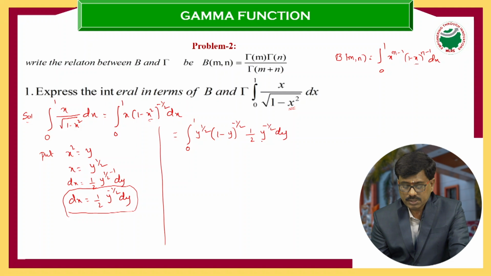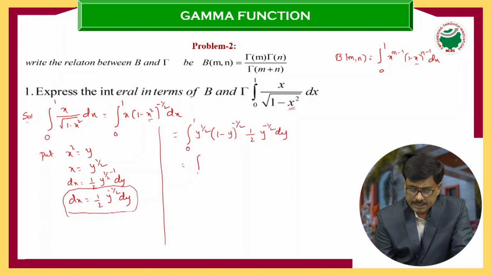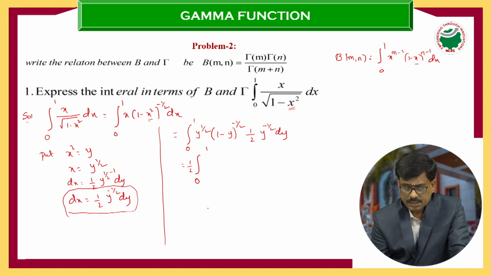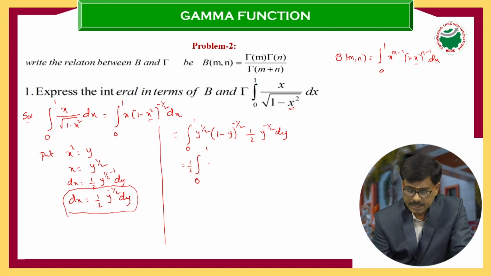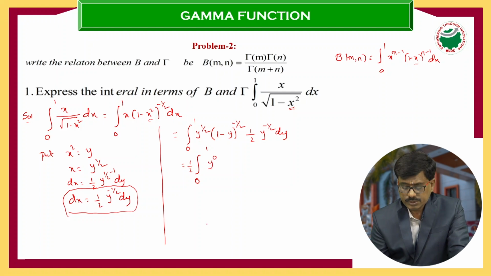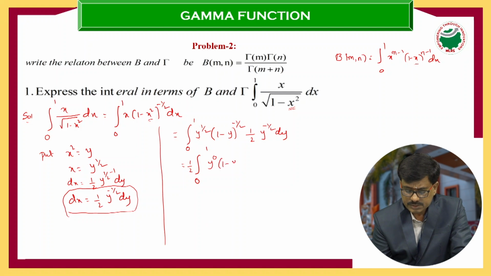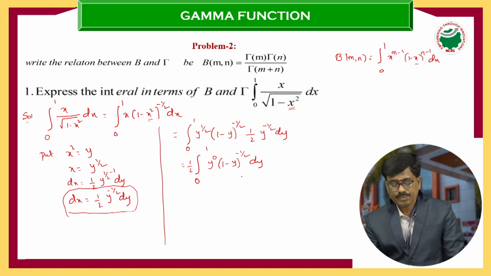Okay, I substituted all the transformations. Integral 0 to 1. Now 1 by 2 is a constant. Therefore y power 1 by 2 and y power minus 1 by 2, if we add, the bases are the same so the powers are added, and the resultant becomes y power 0 into 1 minus y whole power minus 1 by 2 into dy.